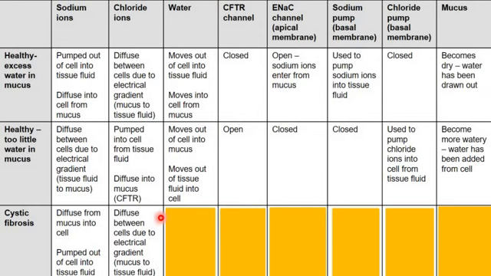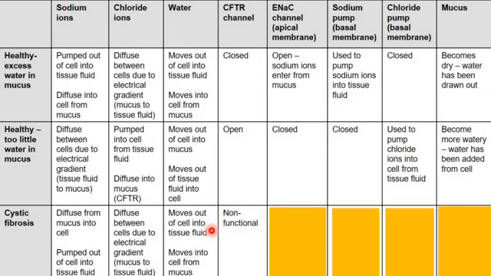Our CFTR channel, I'm jumping ahead. The water is going to move out of the cell into the tissue fluid, so you can see these three steps and these three steps are identical. The response in a person with cystic fibrosis is very similar so far to a healthy person with excess water.